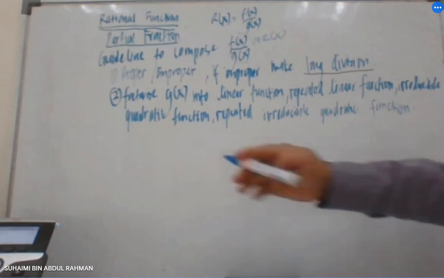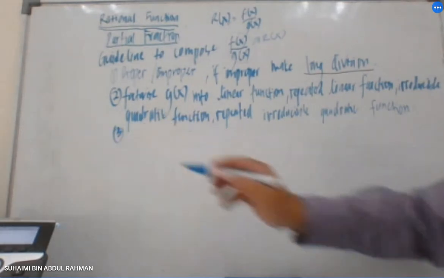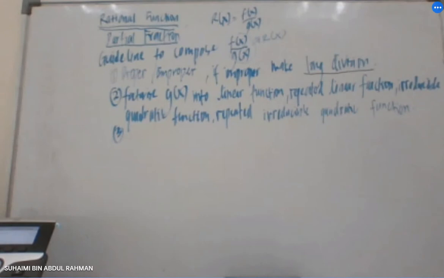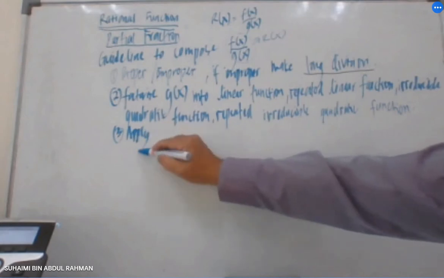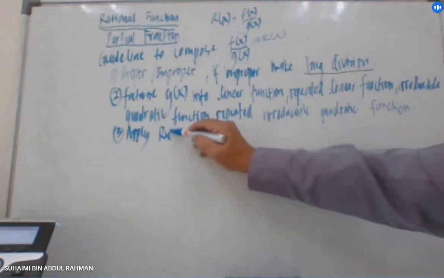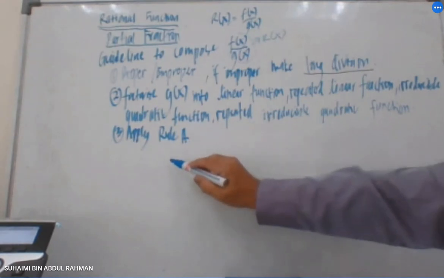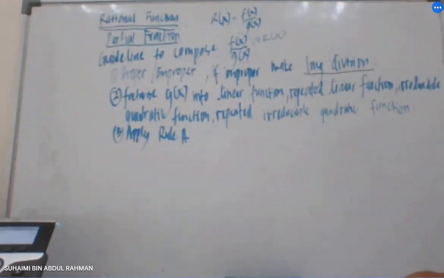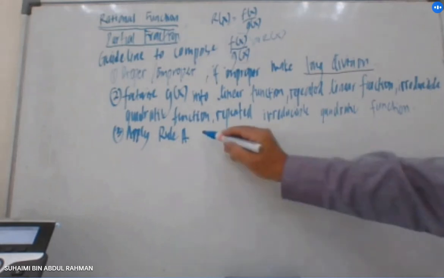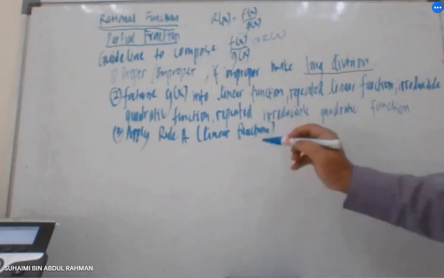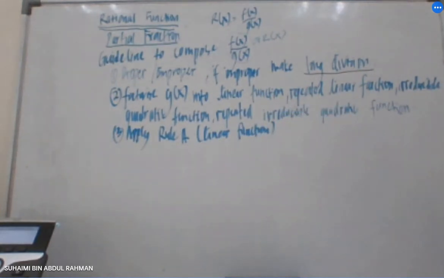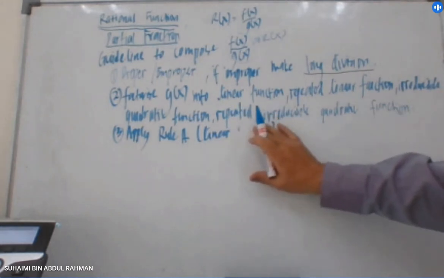So the third step to decompose, we need to apply either rule A, when we get linear factors.